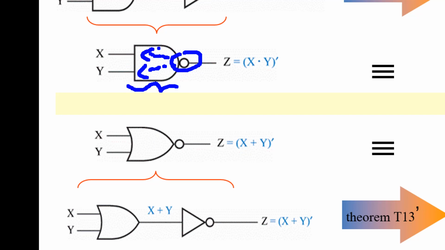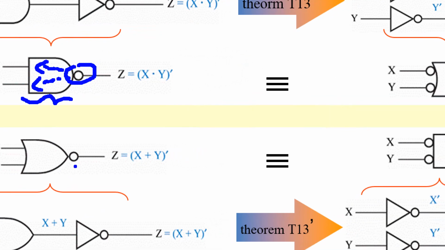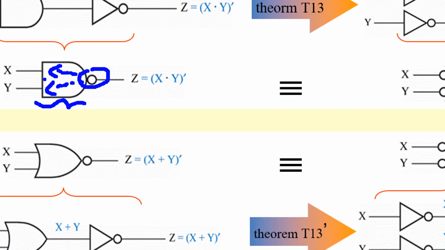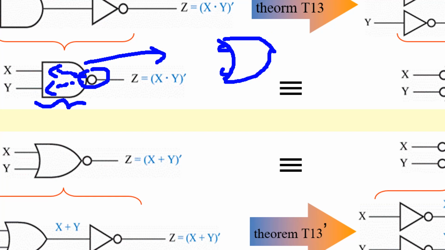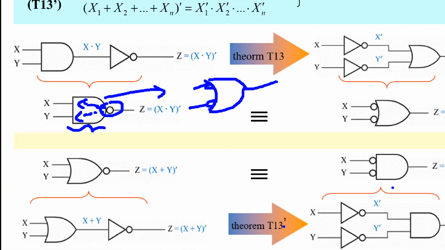Then this gate body will change. If at the beginning it's an AND structure, it will change to an OR structure. The body will change from AND to OR, and then this inversion bubble will move to the input side, so that it becomes this logic symbol.